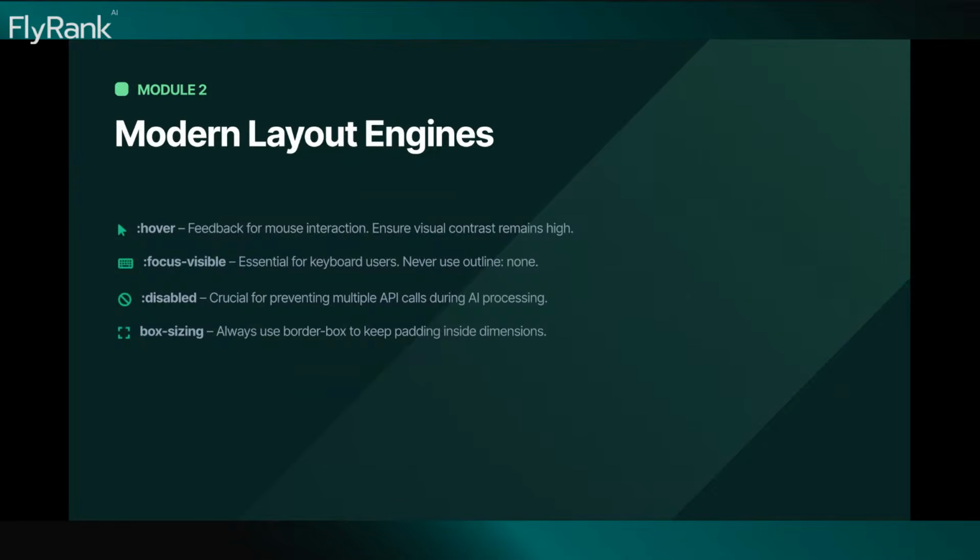Modern layout engines. So this is just basically pseudo classes and what you have to take care of if you're using AI to build something for you. So most of the time, AI doesn't add hover effects on buttons, on input fields, on links. That's something that you have to think of, and you have to prepare yourself to go through when building out something with AI. So what is hover?